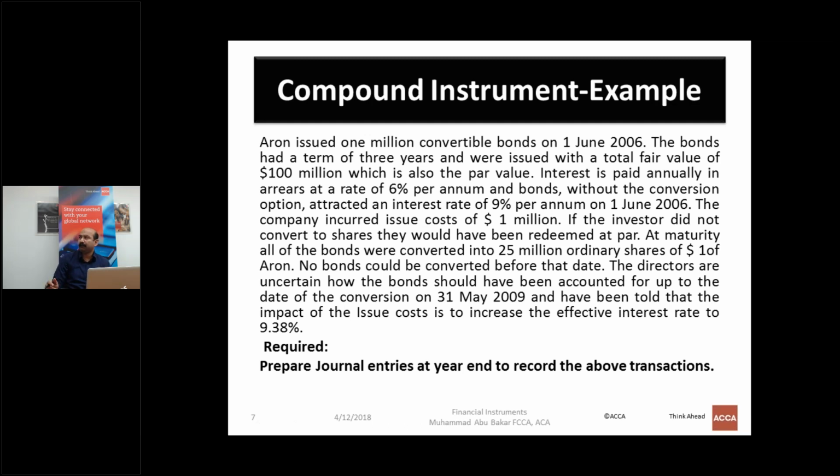Aaron issued 1 million convertible bonds on 1st June 2006. The bonds had a term of 3 years and were issued with a total fair value of 100 million, which is also the par value.